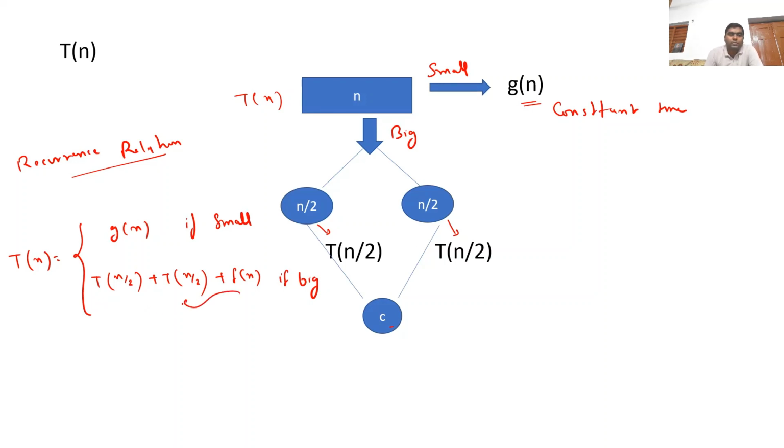We can also write it as 2 times T of n by 2 plus f of n.